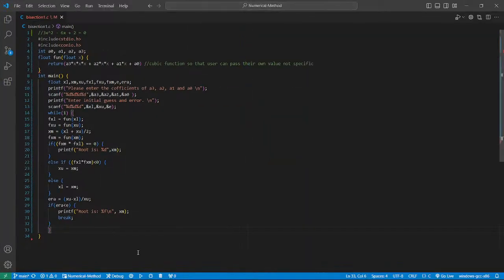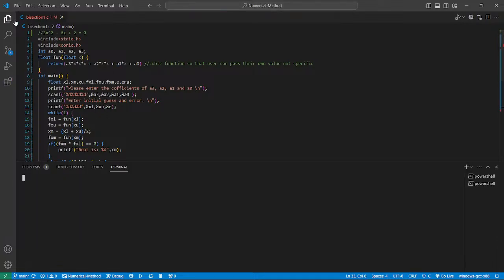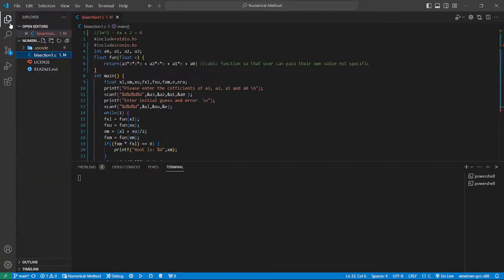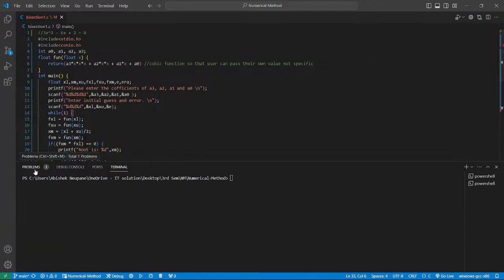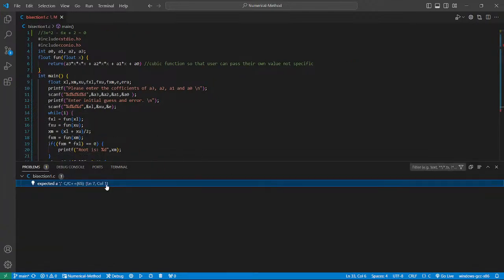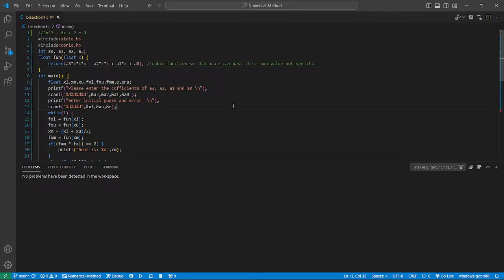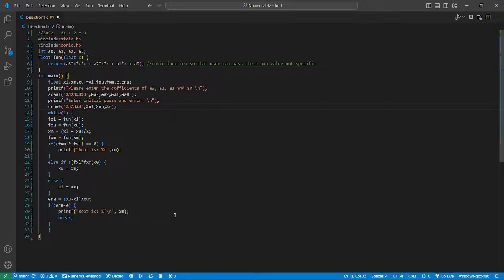My program is complete, so let's look for errors. I used to work on Ubuntu Linux. There is one semicolon, that's correct. I think there should not be an error. Let's build this.